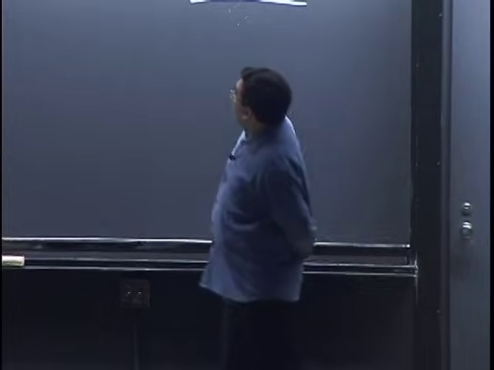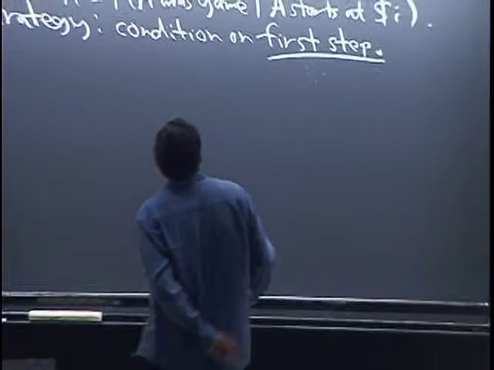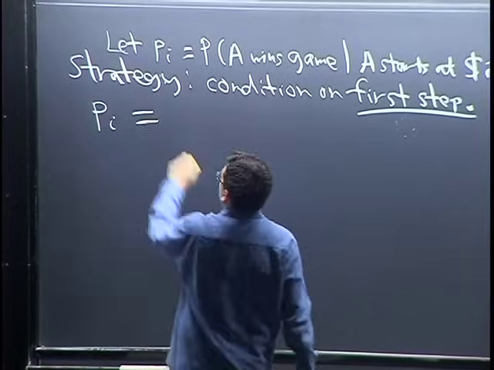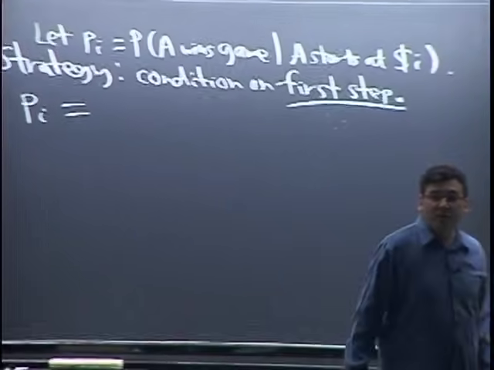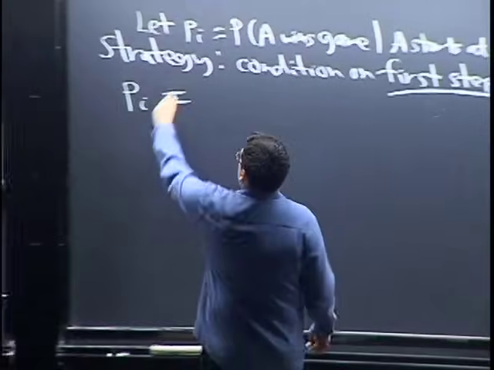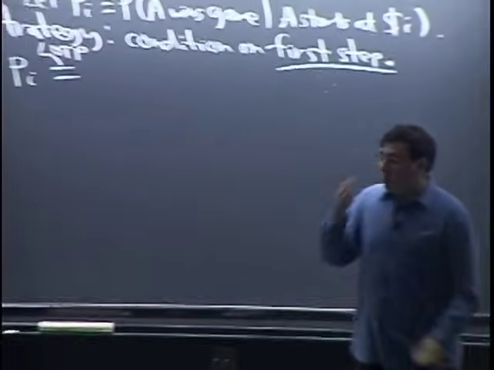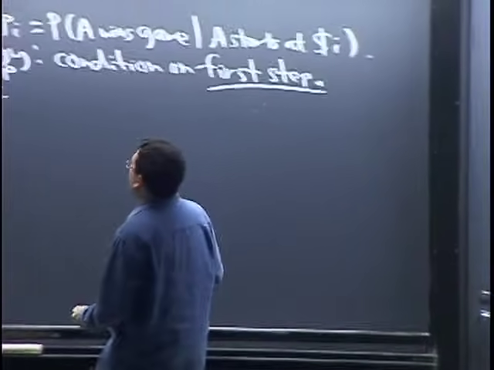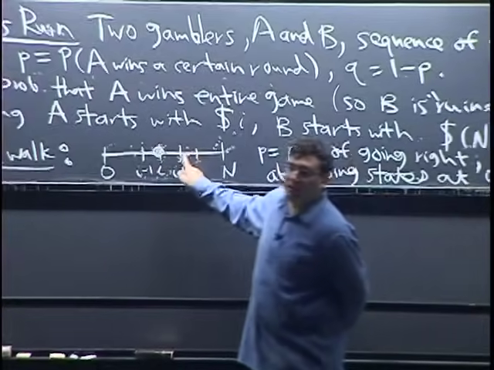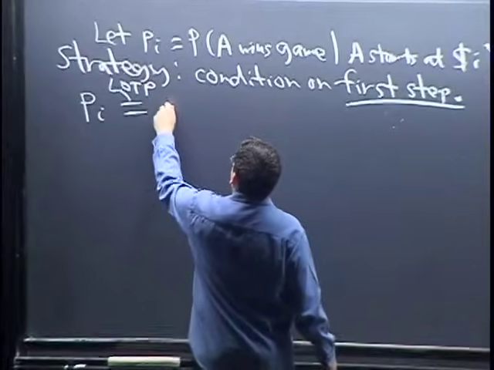Okay, so now with this idea, we can immediately just write down an equation for P_i. This is just immediate from the law of total probability, LOTP. We're conditioning on the first round. So if A wins the first time, then the process is here, so the probability that A wins the game is P_{i+1}, and that happens with probability p.